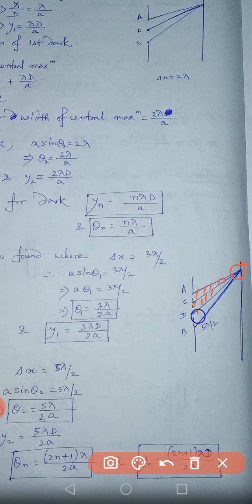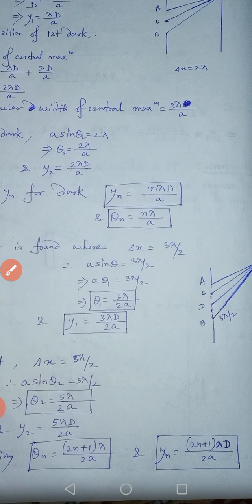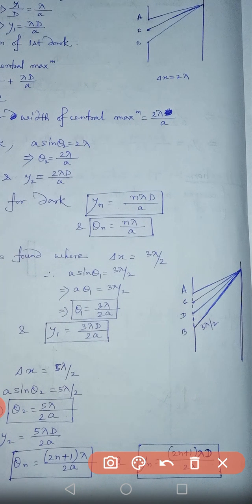But what about DB? It does not have any pair, because AC has already cancelled with CD. Only the DB region is left now. Whatever wave is coming from the DB region meets at point P, and it has no pair which can cancel its intensity. So ultimately, due to the DB region, at point P we are getting some intensity. So point P will be a bright one in this case.